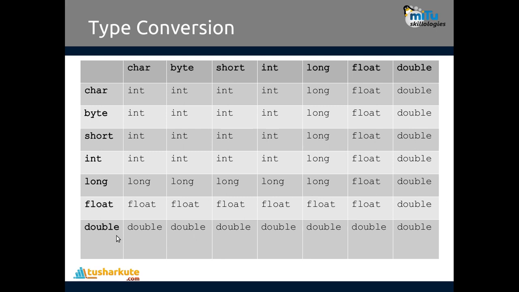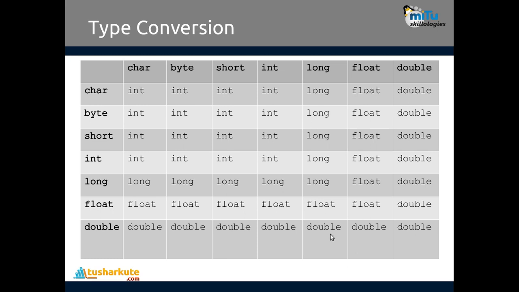Remember from here also all are double, from this side also all are double. So what is our actual conclusion from this? The result of any expression can be either int, long, float or double. The result is not in char, byte or short format.